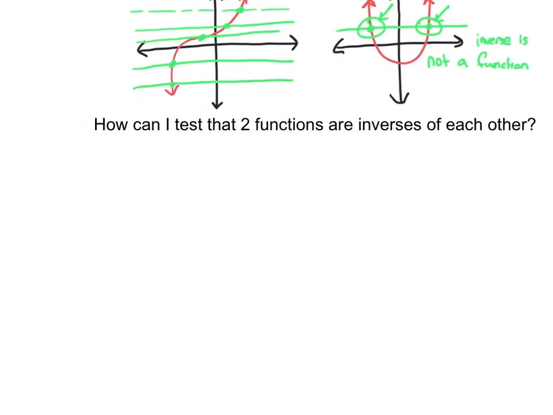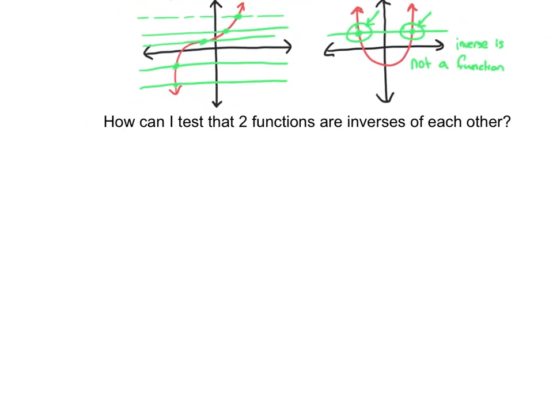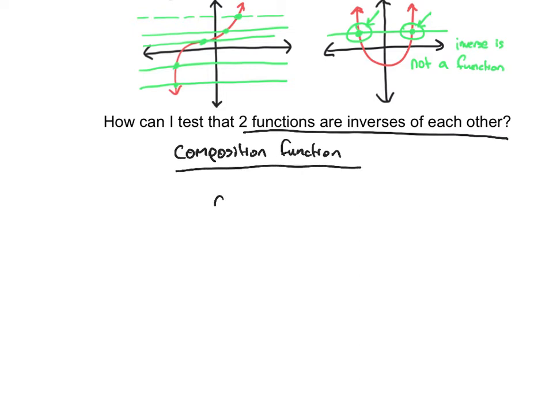All right, how can I test that 2 functions are inverses of each other? If we want to know whether 2 functions are actually inverses of each other, we are going to use a composition function. Here's the test. If g of f of x, a composition function, equals x, and, or, the other way to do it, f of g of x also equals x.